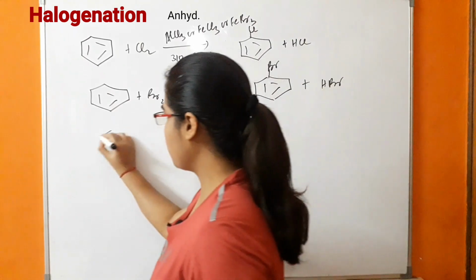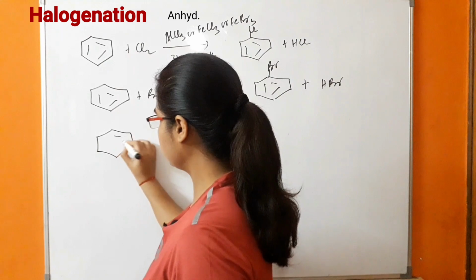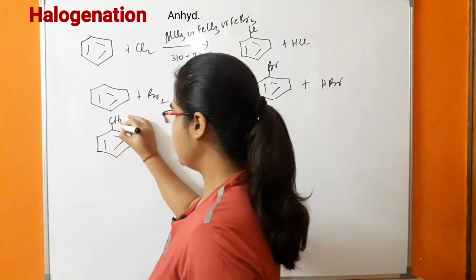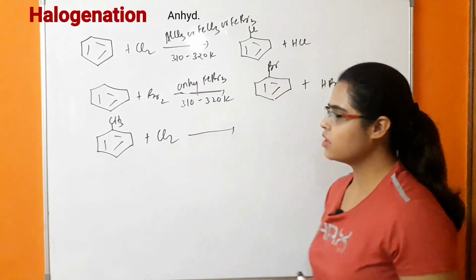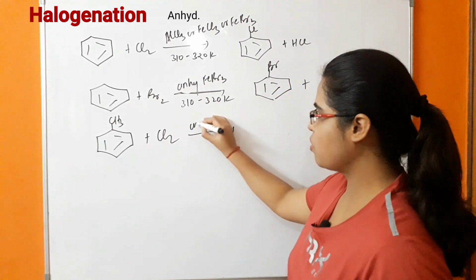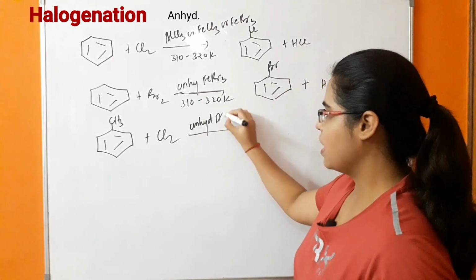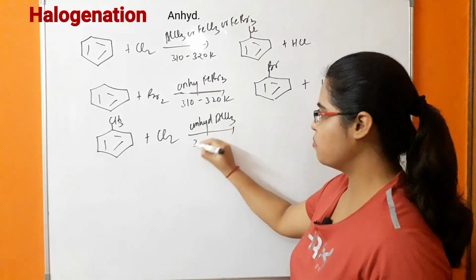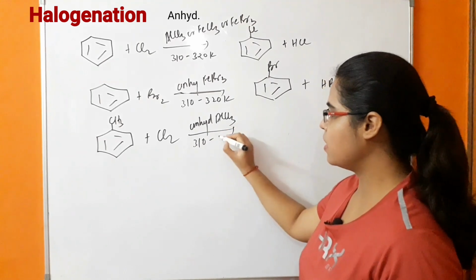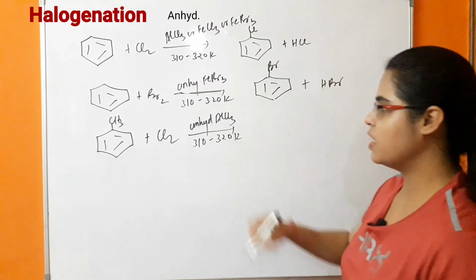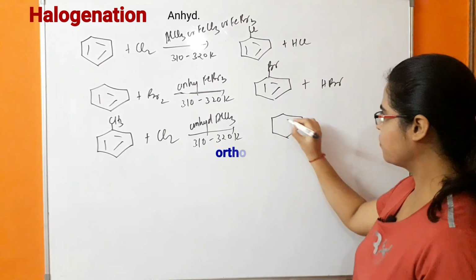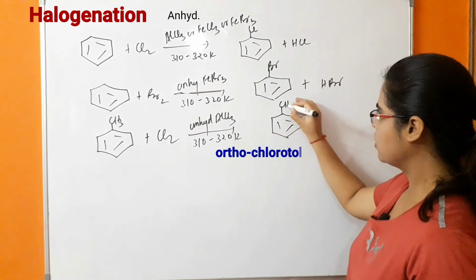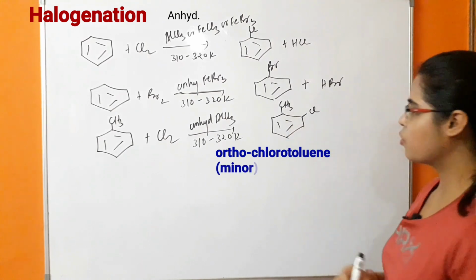Similarly in the case of toluene, if we take toluene and react it with chlorine in the presence of anhydrous AlCl3, at a temperature of 310 to 320 Kelvin, there is a formation of orthochlorotoluene.